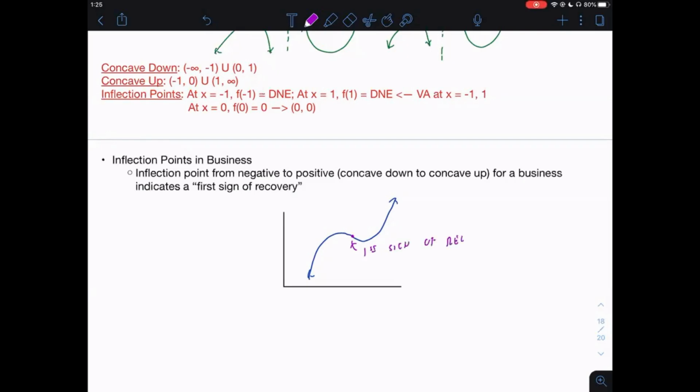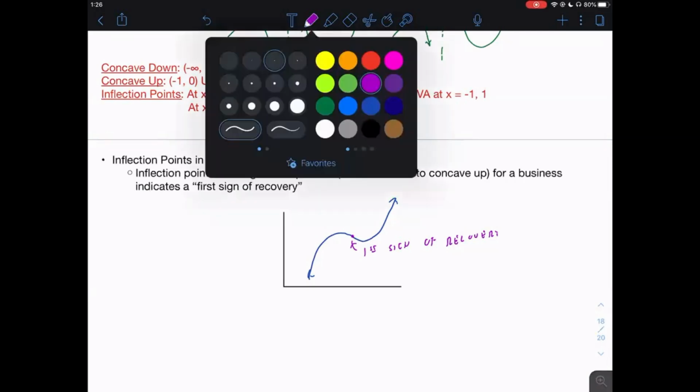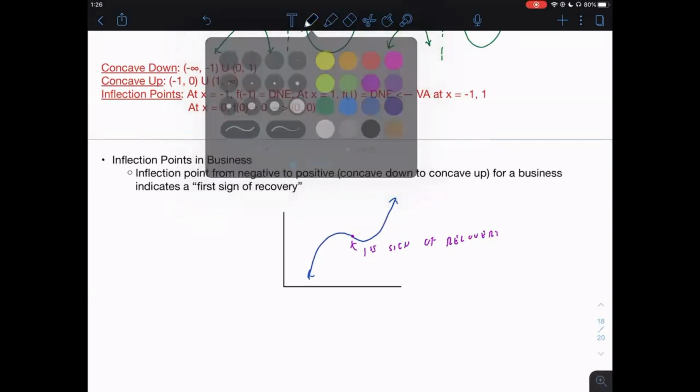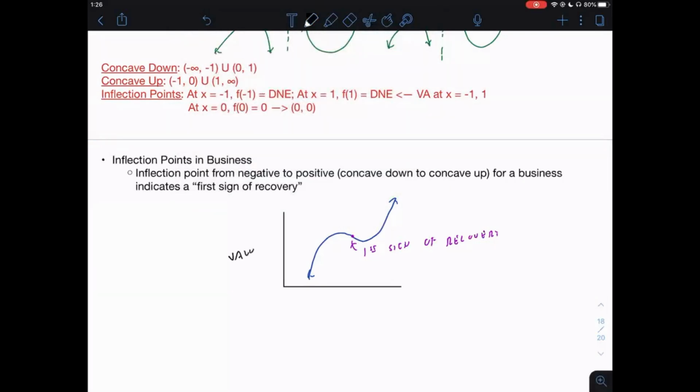Usually when it comes to profits or revenue, we started at a loss, but now we're gaining revenue and profit. The y-axis represents the value of the item or stock we're selling, and the x-axis could be the time.